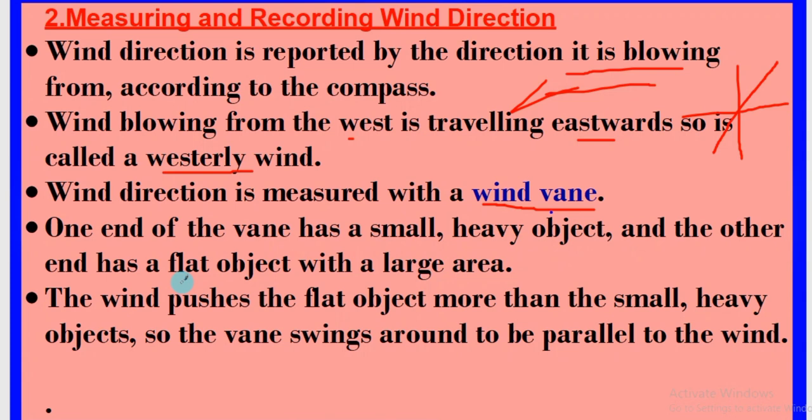So it has two ends, the small and heavy end, and the flat and large area end. The wind pushes the flat object more than the small heavy object, so the vane swings around to be parallel to the wind.